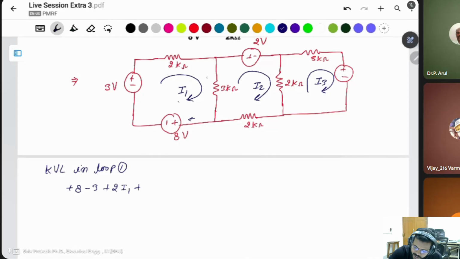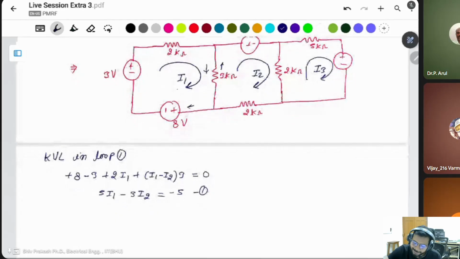The I1 direction is downside and I2 is upper side. That's why I1 minus I2 current flows through it. 3 times (I1 minus I2) is equal to 0. This is 2I1 plus 3I1 is 5I1 minus 3I2 is equal to 8 minus 3, 5. Moving 5 to the right side, it will be negative. Equation number 1.